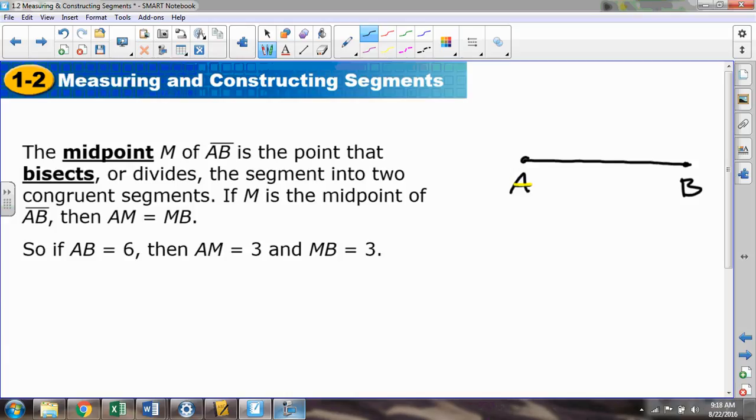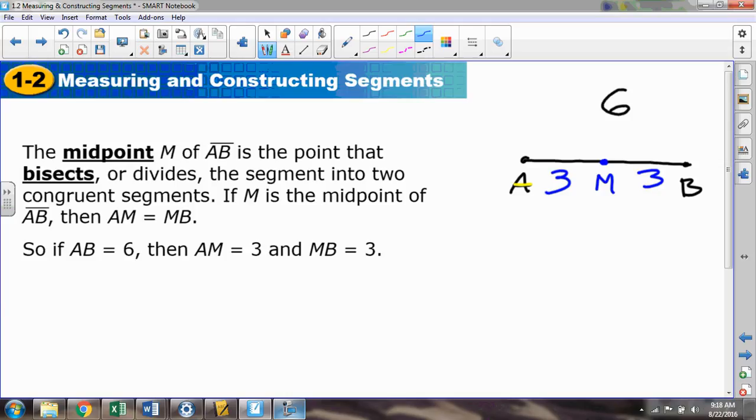Well, what length is going to cut this thing perfectly in half? What's half of 6? 3. And so if we put a point M, and I'm using M for midpoint, a letter that reminds me what it is, that midpoint has to chop it in half at 3 and 3.